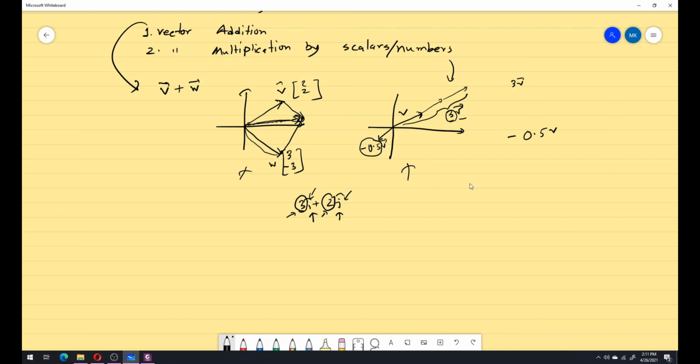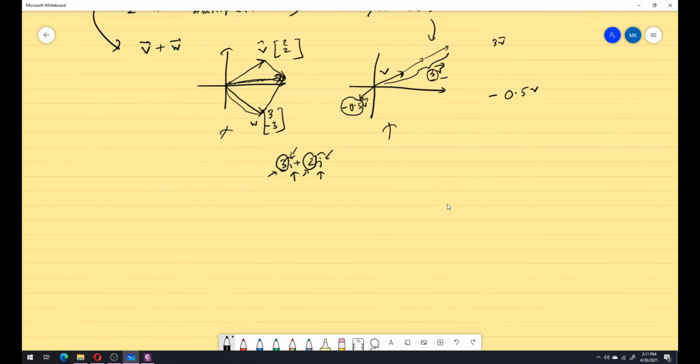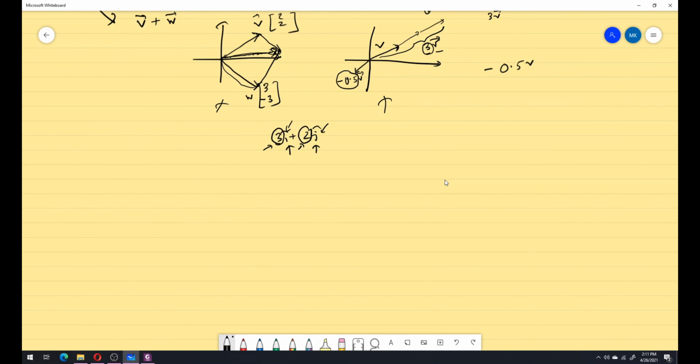So now, as I was saying in the first part of the lecture, what is the purpose of using linear algebra? So the purpose of doing linear algebra is to see the pattern inside data.